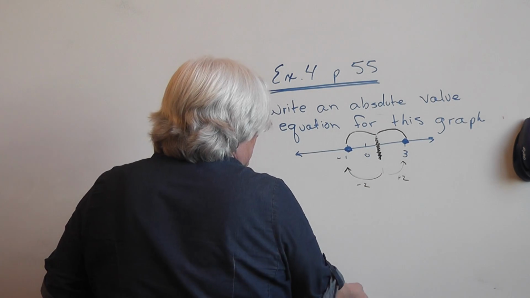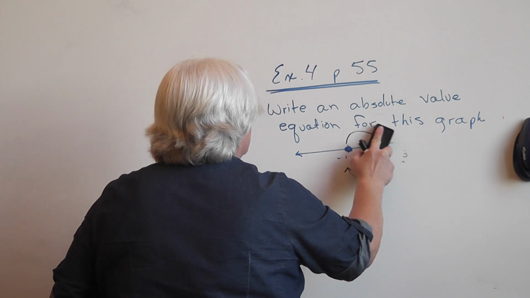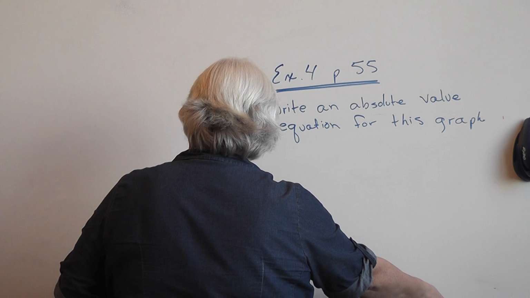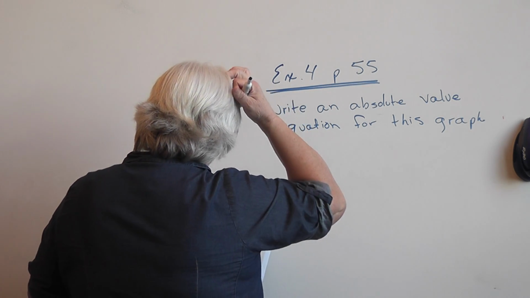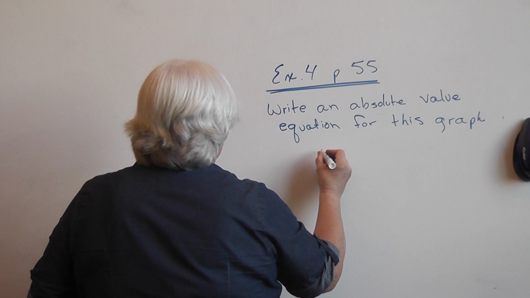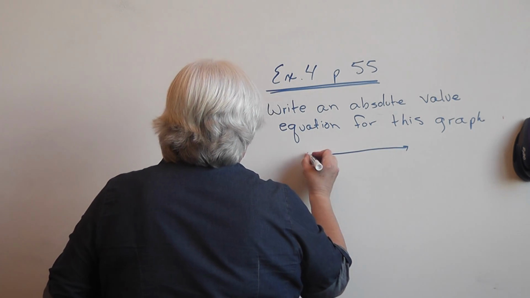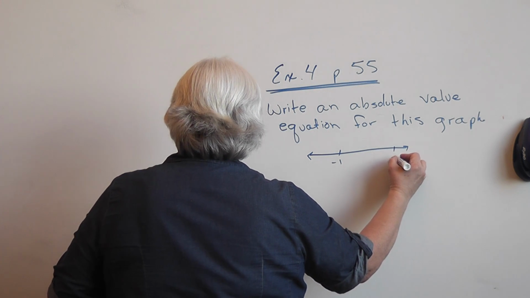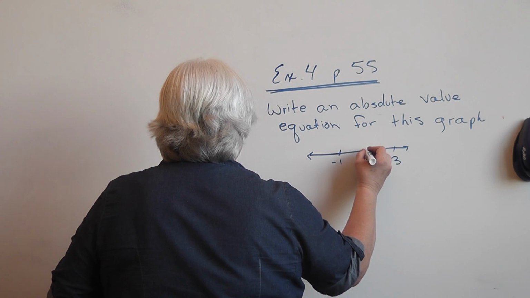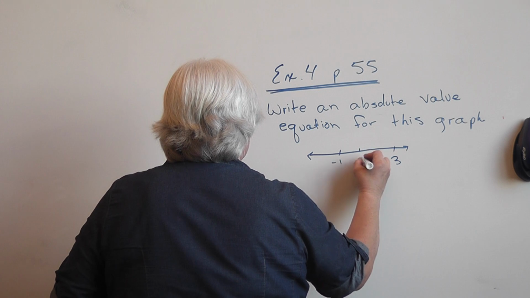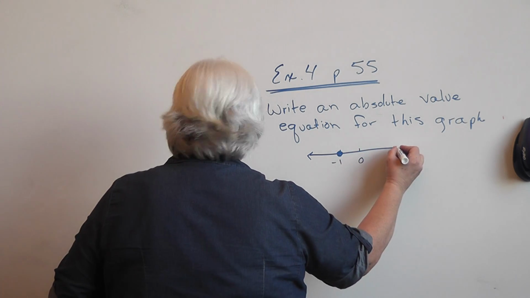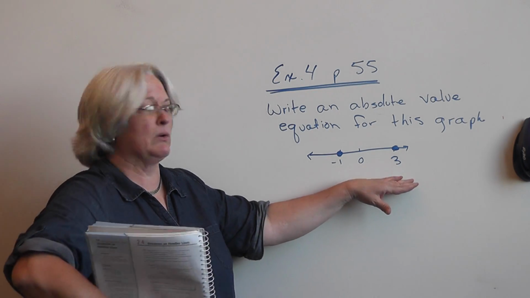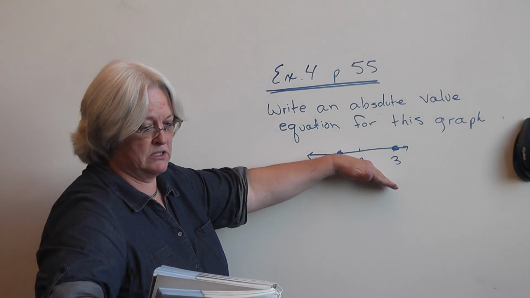So let's see what we're going to end up with. Let me redraw this. We have this line. It's at -1, -3, and there's 0. -1 is the point, -3 is the point. What's our midpoint going to be, or actually what's our distance going to be?